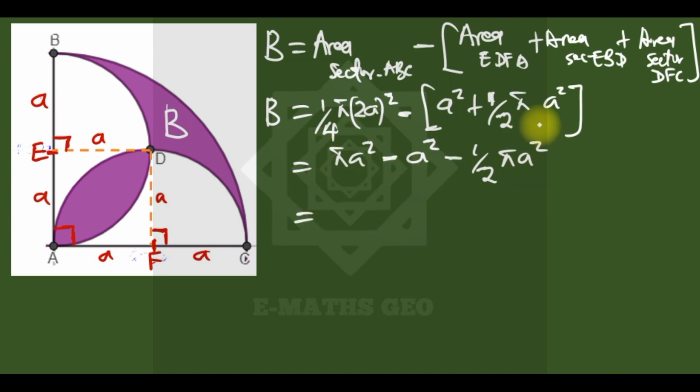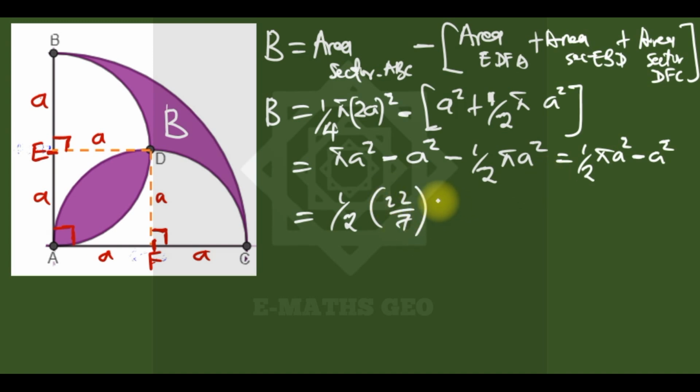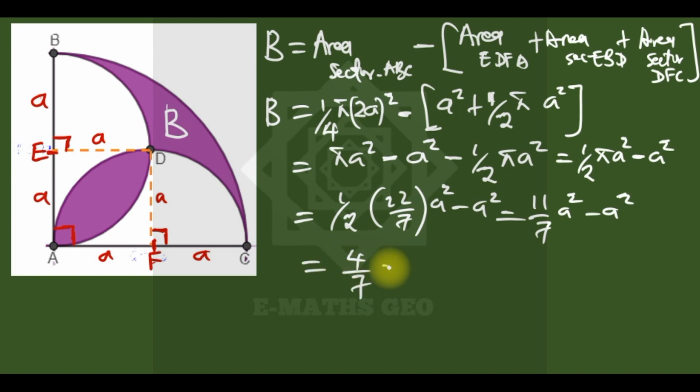And pi a squared minus half pi a squared is now half pi a squared minus a squared. We know pi is 22 over 7, so this is half times 22 over 7 a squared minus a squared. This is 11 over 7 a squared minus a squared, which is equal to 4 over 7 a squared.